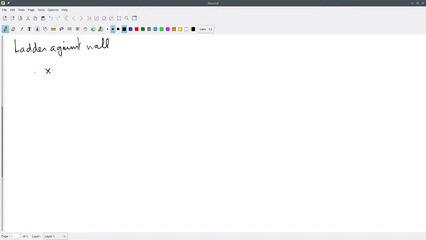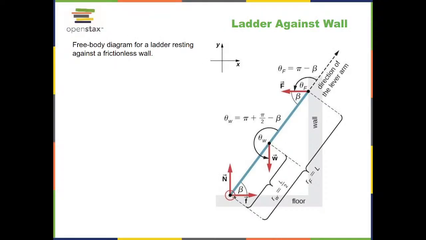So in the x direction for Fx, we find that little f will have to be equal to big F. The magnitude of the force of friction will have to be equal to the magnitude of the normal force from the wall.